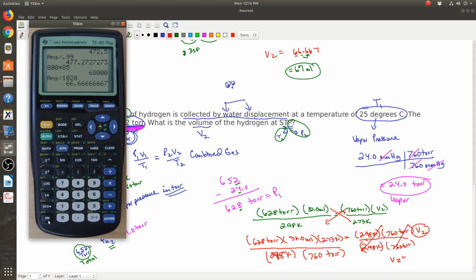So it'd be 628 times 32 times 273, enter, and then divide by 298 because it's on the bottom, and divide again by 760. There's no need to multiply everything at the top and write down a number and multiply everything at the bottom. Just do this. You get 24.22.